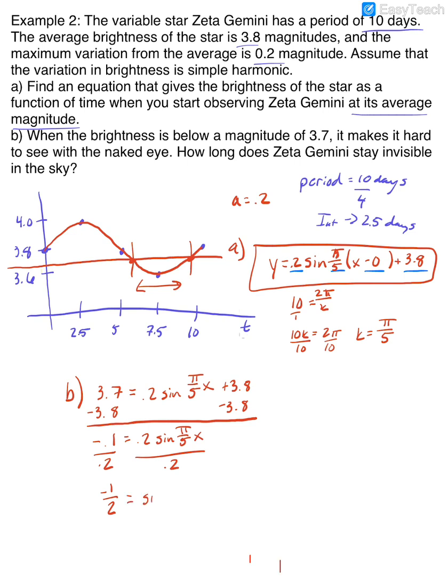So that's a value for sine that we know and have seen before and can easily find the inverse of. Taking the inverse of both sides, inverse sine of negative 1/2 leaves me with pi over 5 times x on the right. Now I want two answers that on your unit circle give you the value of negative 1/2 for sine.